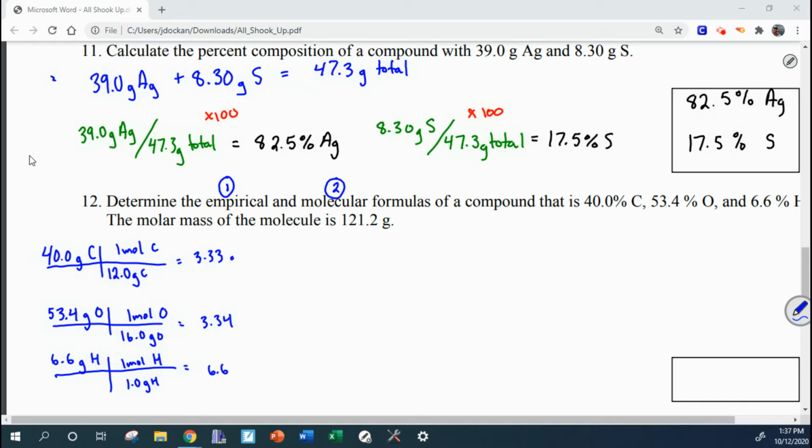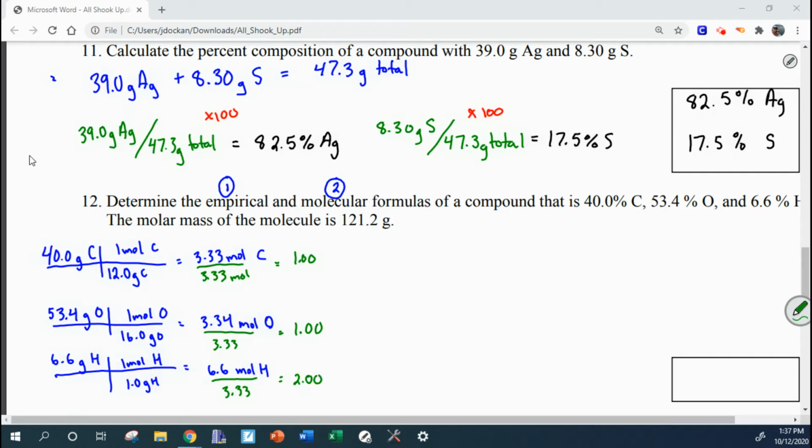So in this case, these are moles of carbon, moles of oxygen, and moles of hydrogen. Percent to mass, mass to moles, divide by smallest. In this case, the smallest is going to be 3.33 moles of carbon. 3.33, 3.33. I'm going to get 1.00 here and 1.00 there, and this one's going to be 2.00 here.